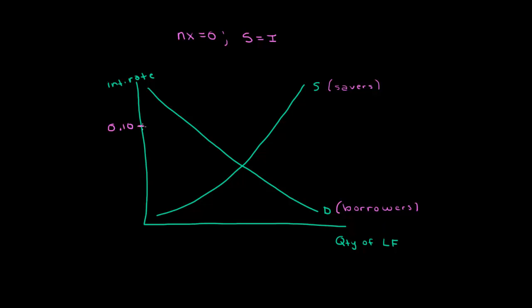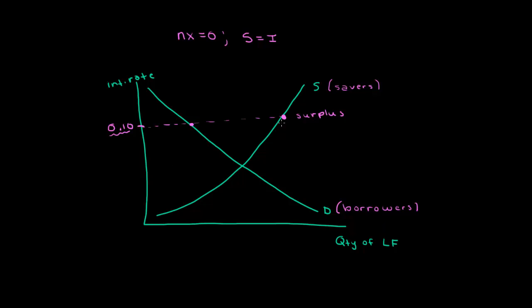Currently, given this interest rate, there is a surplus of loanable funds. We don't have to review the surplus. We know that all that means is that the quantity supplied exceeds the quantity demanded at the particular price. And so whenever we have a surplus, what will happen?